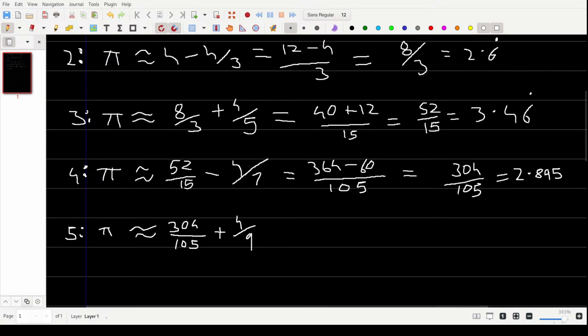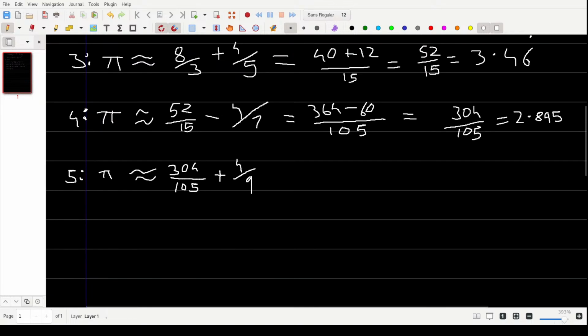Now this is divisible by 3. So we can just quickly split this. This is 3 squared. I should put an arrow.